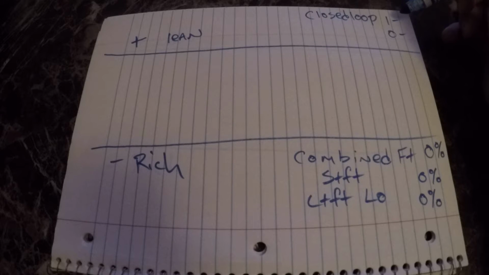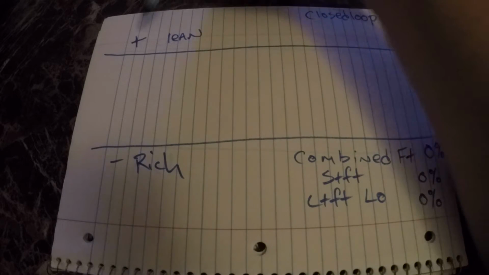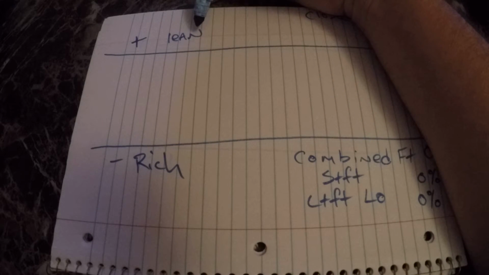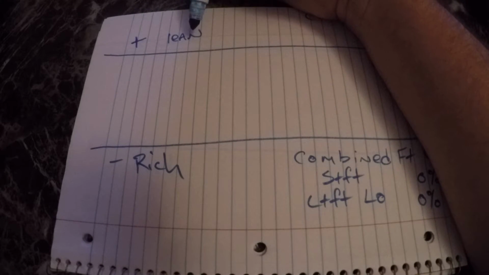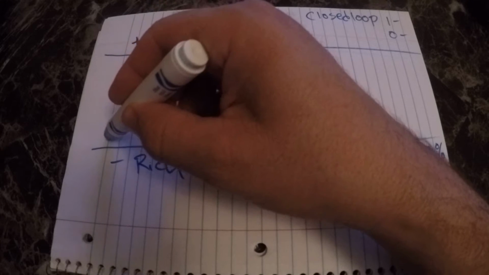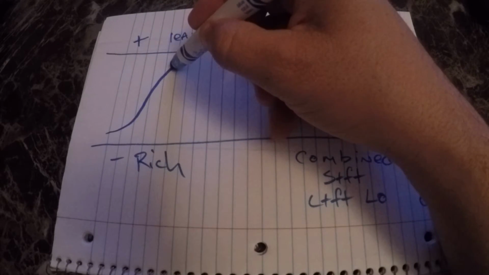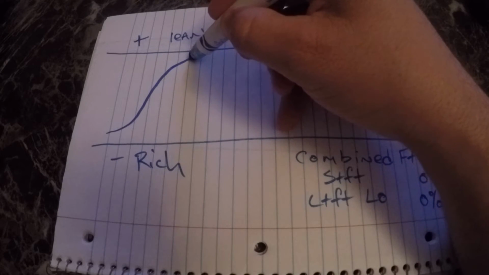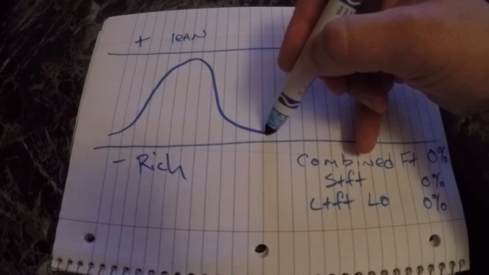Okay, so as far as your trims, these numbers right here, if you see a plus like over here, that's going to be on the leaner side. You think plus, the higher up, you're going to be going leaner. Okay, think of your wideband. If you're driving along and you punch the gas, you're going to be going leaner if you're going this way. If it's going this way, it's going to be rich. You're negative, dropping it down, and you're going rich.